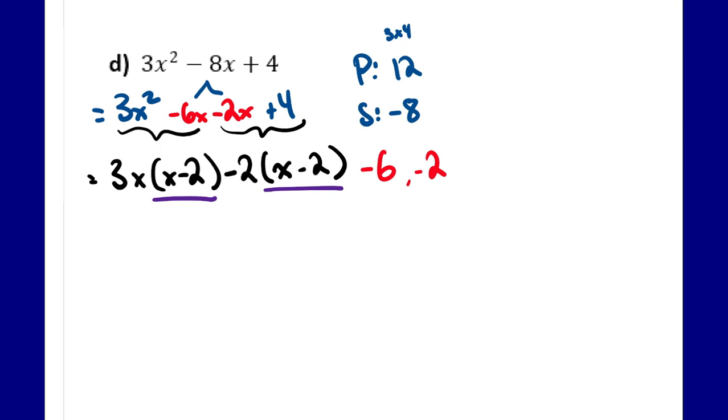So that means we would have to factor out the negative 2 to make sure that x became a positive. So different things we can do, but again, our goal is to make sure that we have the same bracket. If we have different brackets, chances are we've taken out the wrong common factor. Now that I have the same brackets, I can factor that out as a common factor. And then the remainder, 3x minus 2, is my other factor.